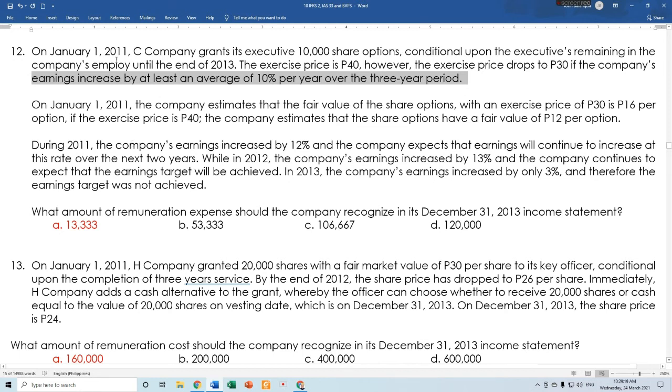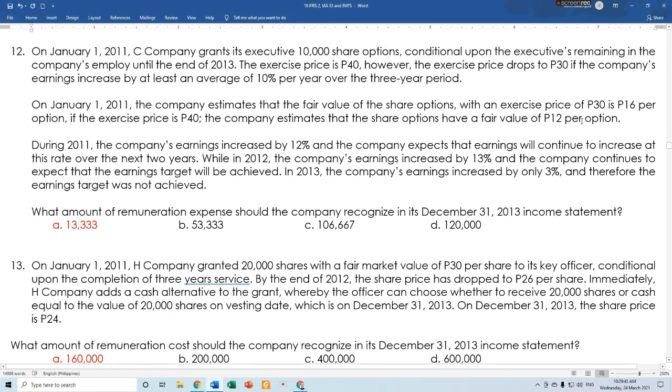Pero yung pagbabago ng exercise price, okay, is a market condition ngayon. Kasi pag magbabago yung exercise price, then ultimately magbabago talaga yung fair value ng options, di ba? That's why we made two computations already of the adjustment in fair value as a result of the market condition. Okay?